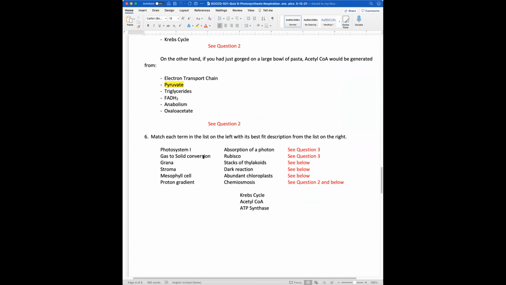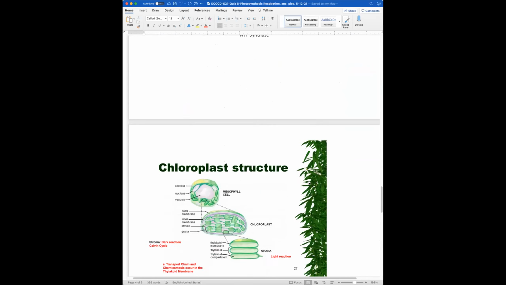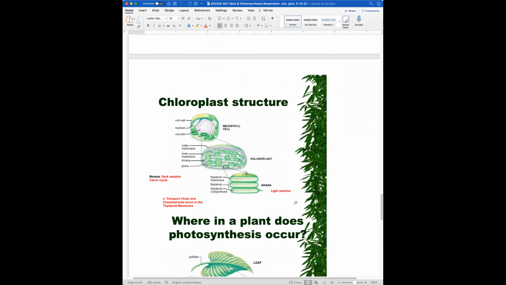Gas to solid conversion, that's this enzyme Rubisco. I already showed you that. Grana are stacks of thylakoids. That's here. These are grana, so stacks of thylakoids.